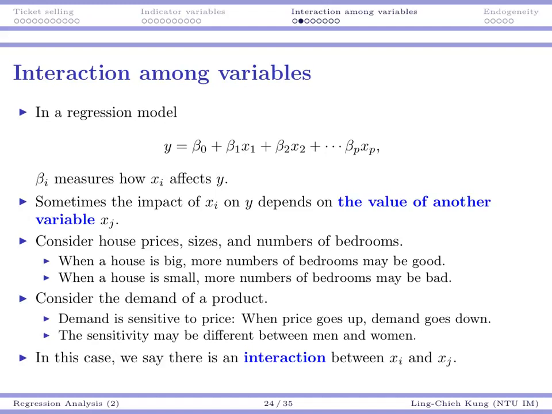Or it may be different between students and professors, or between workers and employers. So that's possible. In this case, we say there is an interaction between the two independent variables, because the impact of one variable depends on the value of the other variable.